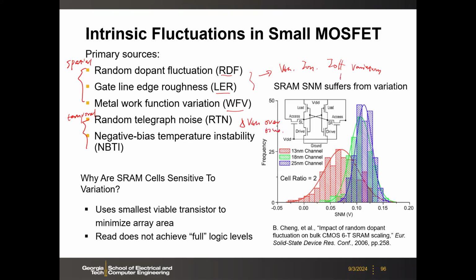This one is the variation between cells. Temporally, even for the same transistor, the VTH could change over time. That means your SNM is not a static number. As time goes by, you may have a different noise margin. So those are the major effects. Let's talk about them one by one.